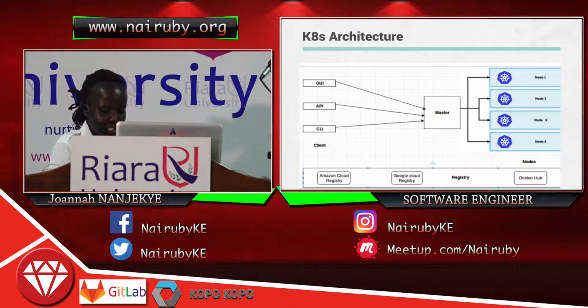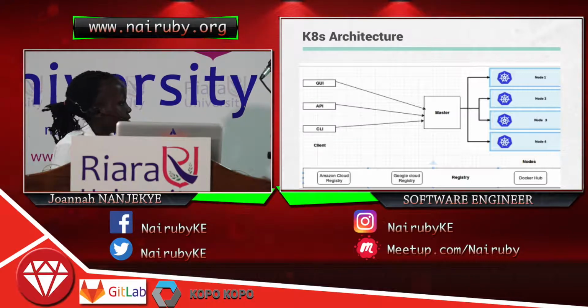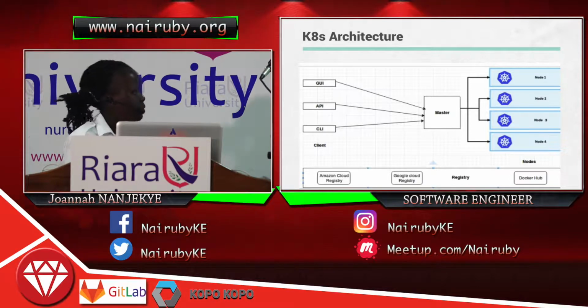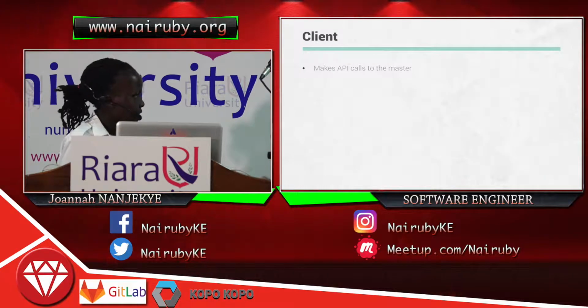However, it also does majorly 3 things. Of course, it has the API server, which the client queries all the time. And then it does scheduling. It schedules the nodes to handle the workload from the requests coming from the client.